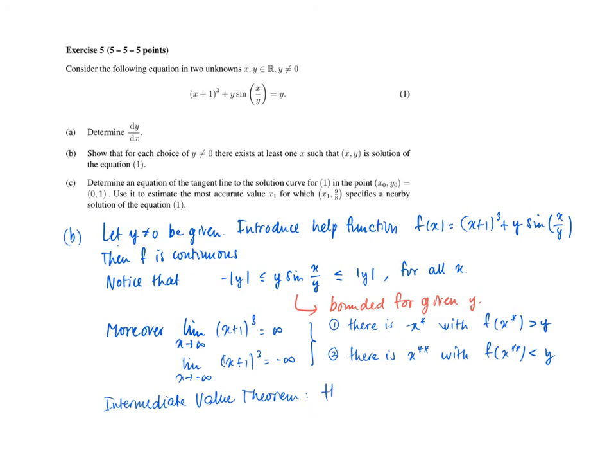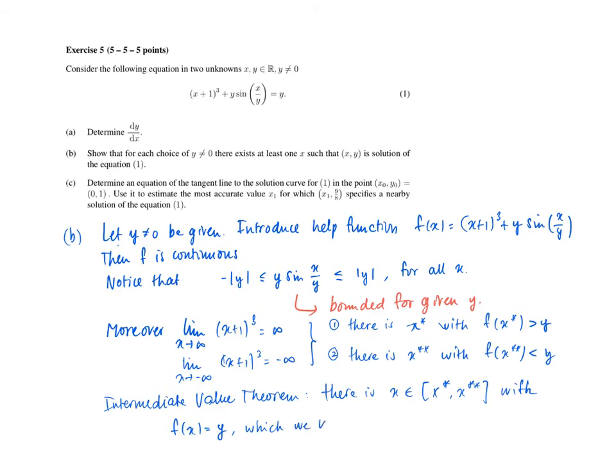So the intermediate value theorem says that for a continuous f, moving from x star to x double star, we should have equality with y for some x. So there should be a solution to the equation f(x) equals y.